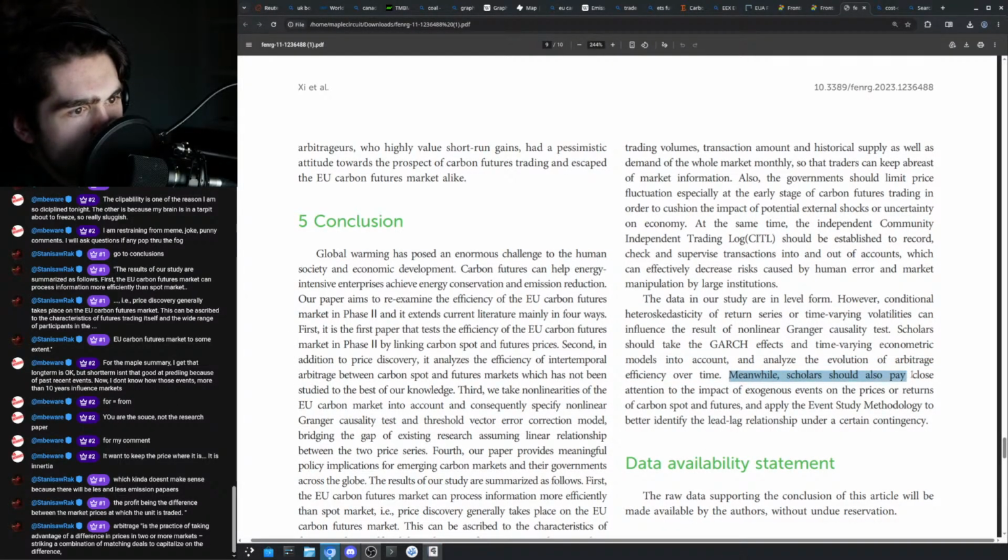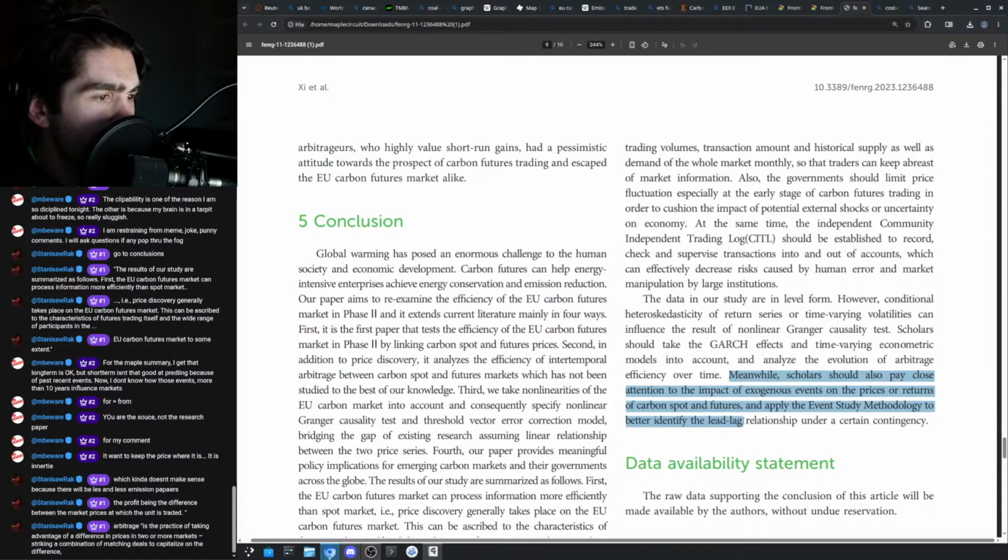Meanwhile, scholars should also pay close attention to the impact of exogenous events on the price or return of carbon spot and future, and apply the event study methodology to better identify the lead lag relationship under a certain contingency.